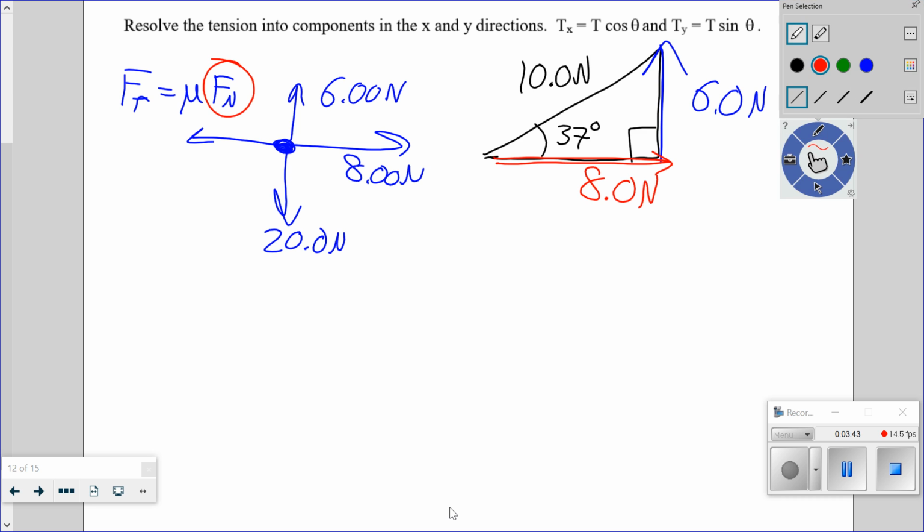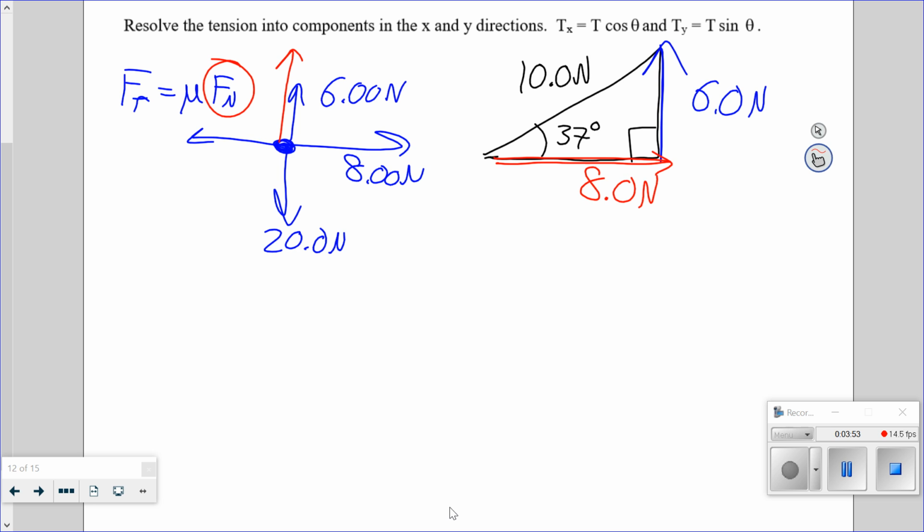If you actually tried this, pulling 10 newtons on a 2 kilogram penguin or bowling ball or whatever, that doesn't work. You're going to end up with just 14. Can you see why? 20 down, and 6 up plus 14 up, and it moves horizontally. We don't pull our penguins off the ice. They like it there.